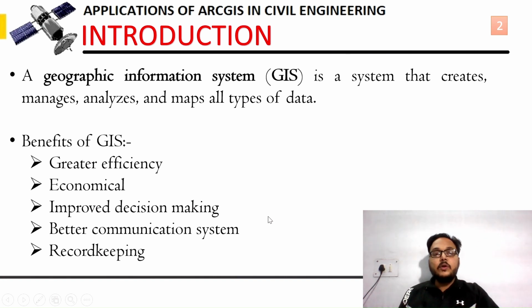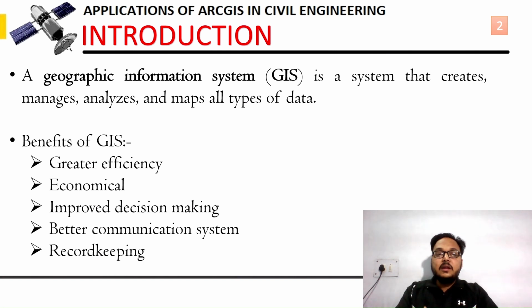So the following are the benefits of GIS. First, it has a greater efficiency. For example, I need temperature data for some place, for some study. One thing I can do is keep some gauges, which are available in the market and very costly, and install them in places where we want to study.